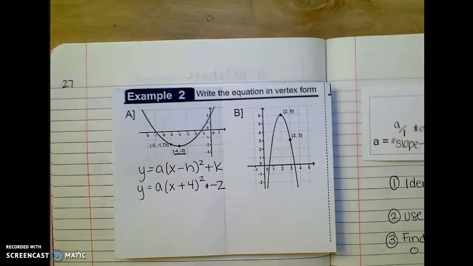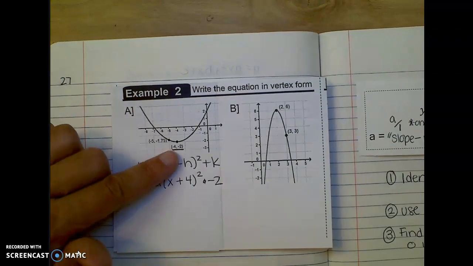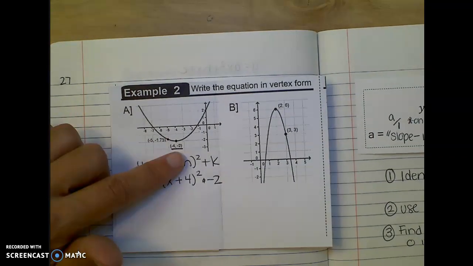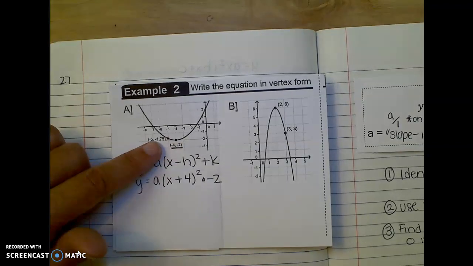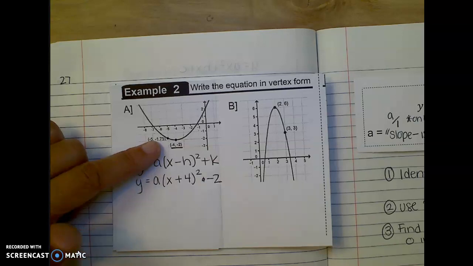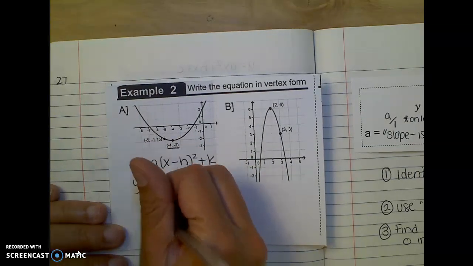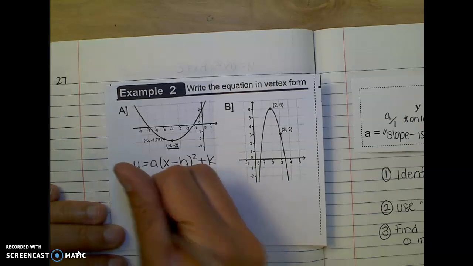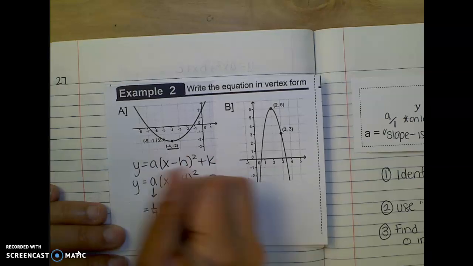Now the problem is I don't know a, although this is 1 point away from that. And so I can just see how much I changed by. So I went from negative 2 up to negative 1.75, and so I think my a value should be a quarter, because I increased a quarter right there. And then you have it.